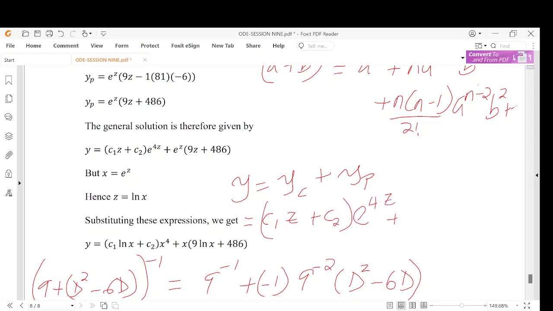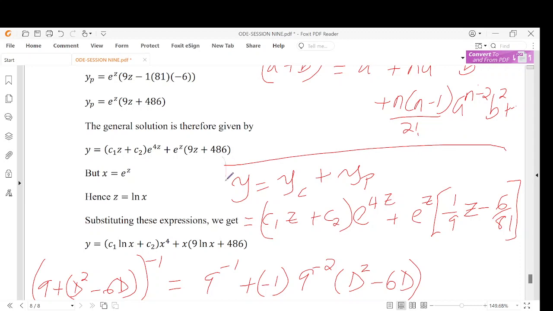And now we have yp as e raised to power z into 1 over 9 z minus 6 over 81. So that this will be the general solution.